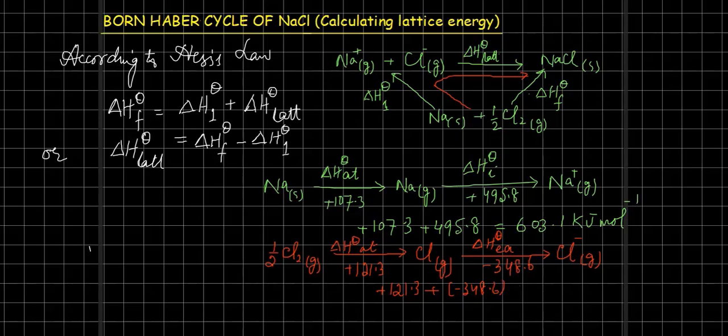So the total enthalpy change for the formation of chloride in gaseous state from its natural state will be minus 227.3 kilojoule per mole.